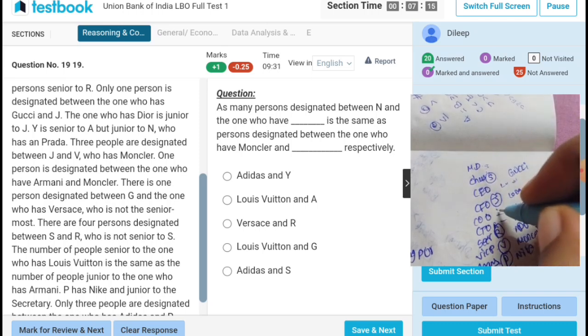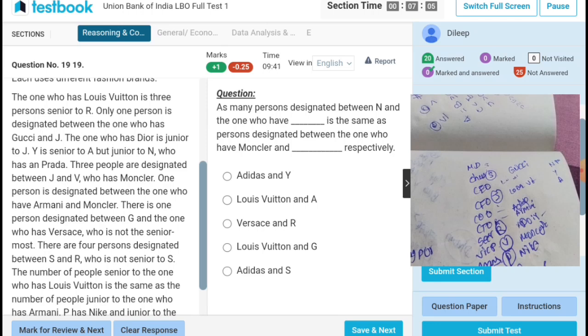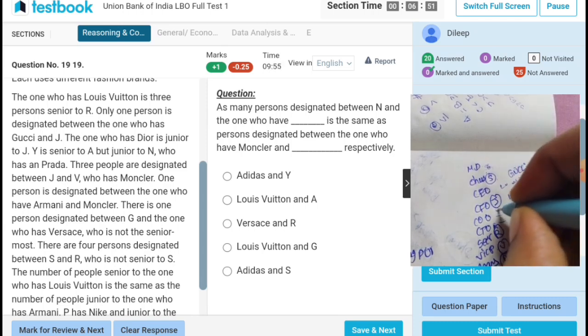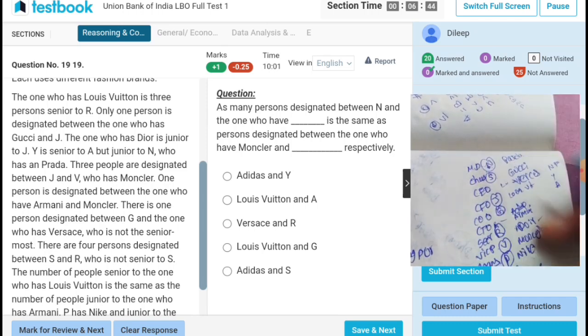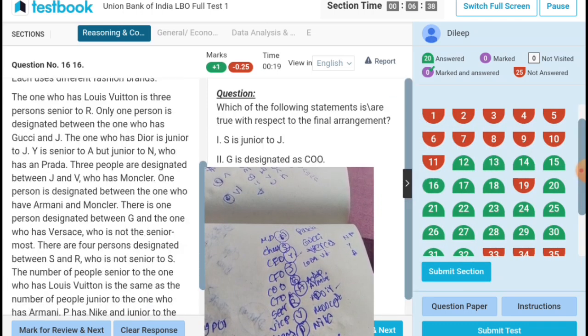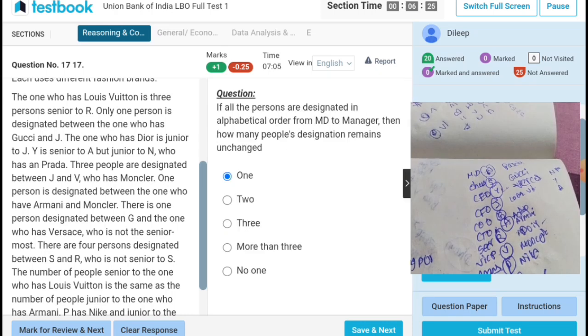It's not senior most. G and the verses. So verses. So N is Sparta and A and Y. Okay. S is junior to G, G is COO. A is so 2 and 3.